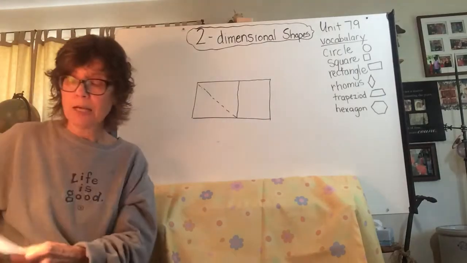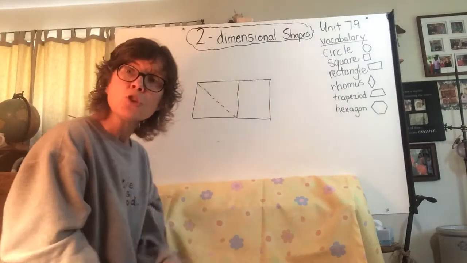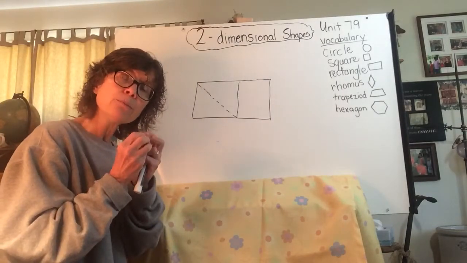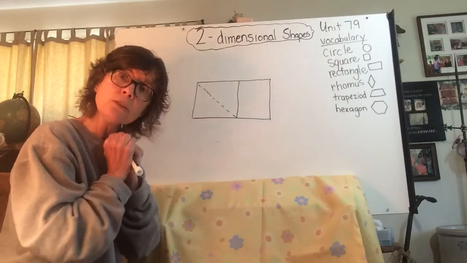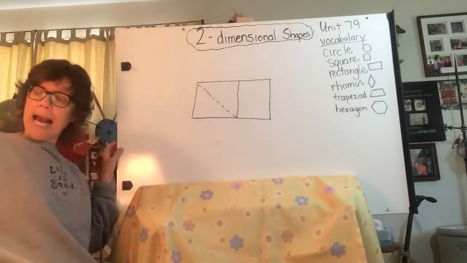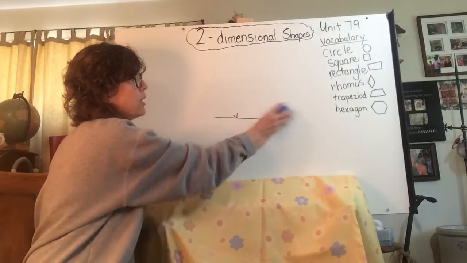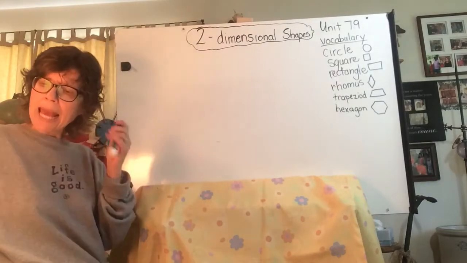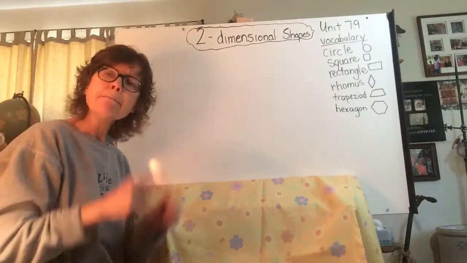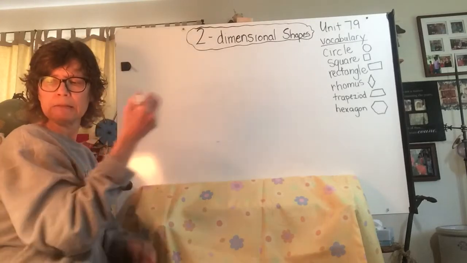Now the tricky ones come. I'm going to make a triangle. Now think about our pattern blocks. We used to have those green little triangles at school. I'm going to take those little green triangles, or small triangles, four of them, and turn them into a big triangle. All right, here I go.